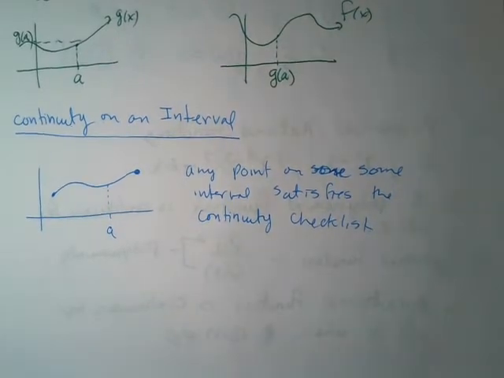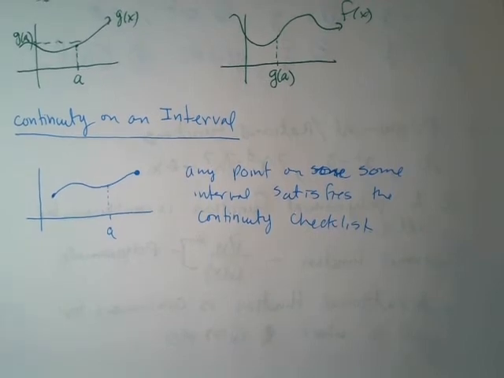All right, like if we recall, we said the polynomial functions were continuous everywhere. So the interval for that would be negative infinity to infinity, but we can also choose a finite interval, and any subinterval would also be continuous.